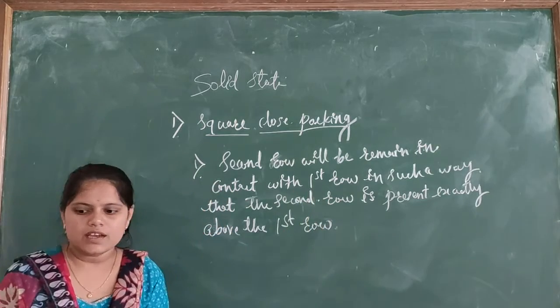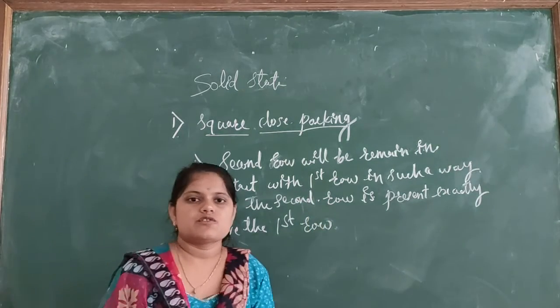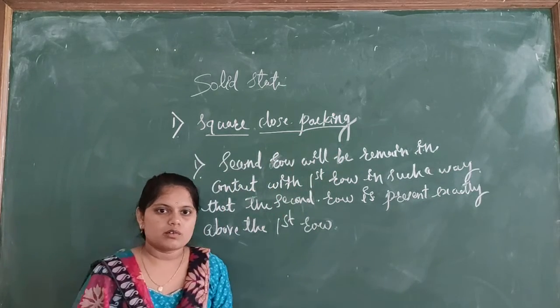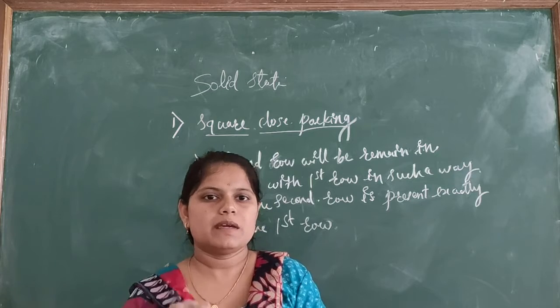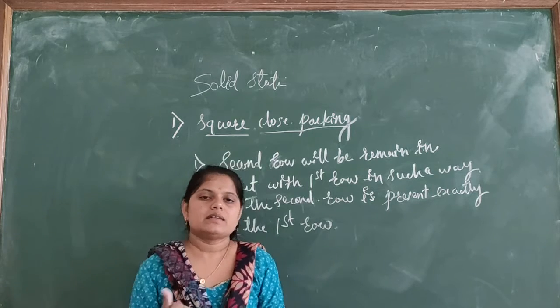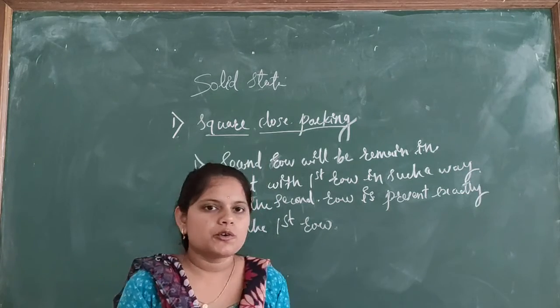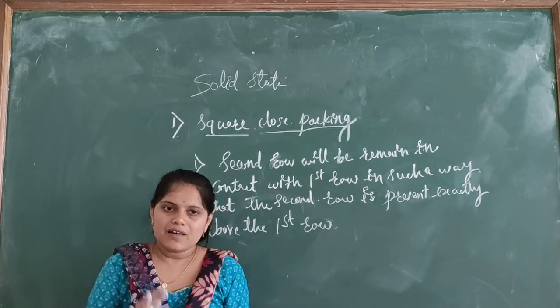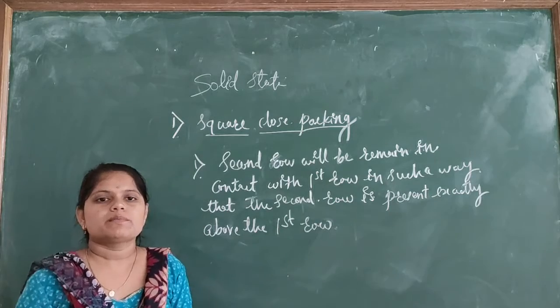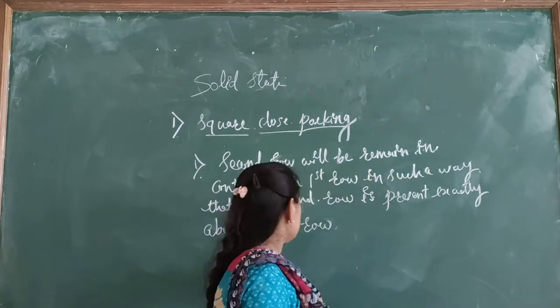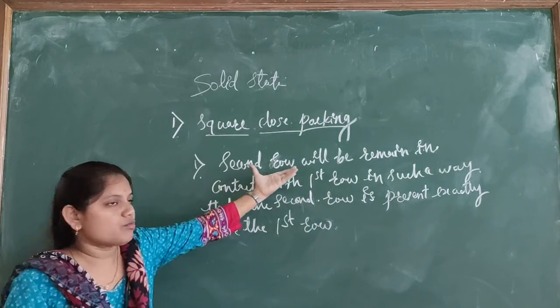Okay, so first you should remember the definition of square close packing. In square close packing, the spherical atoms remain in contact with 4 neighboring atoms. After that, how will the arrangement be in square close packing?